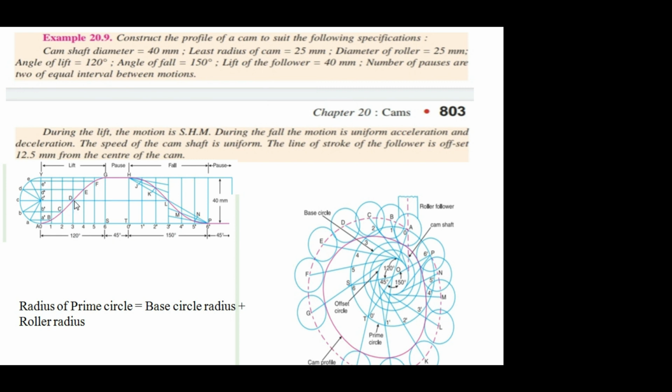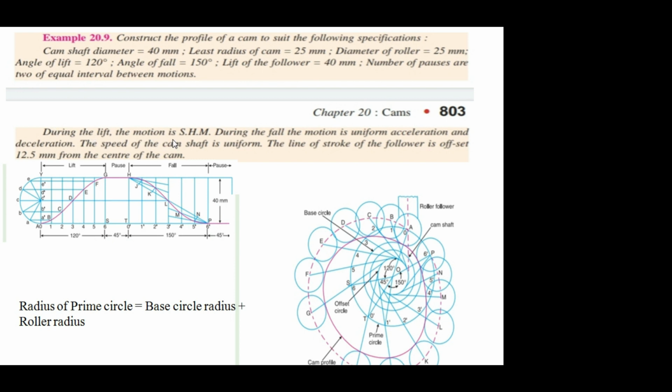So first will be theta O. In between theta O and theta R, there will be one dwell of 45 degree, and the next dwell will be in between theta R and theta O. So first dwell is in between theta O and theta R of 45 degree, and second dwell is between theta R and theta O. So these are the two dwell periods.